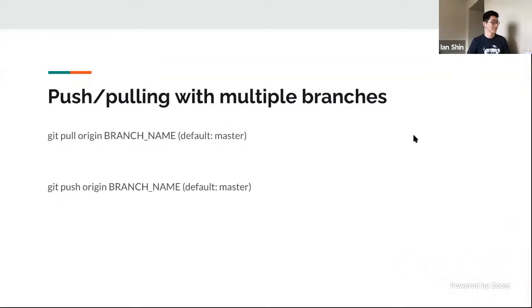Just a brief overview: git pull origin and the branch name is how you push and pull multiple branches. Now that we have multiple branches, we can't really use git pull by itself unless you set the upstream branch with a command that I can't remember right now.